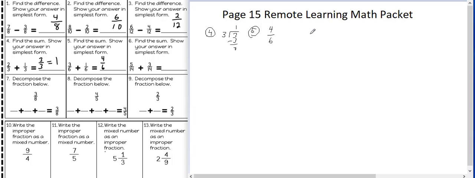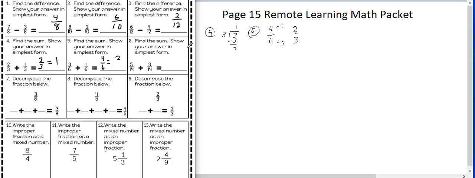I could go through the whole process showing you the least common factor or greatest common factor and all that, but I'm just going to divide them both by 2 since they're both even numbers, and we'll just see what that gets us. So 4 divided by 2 equals 2. 6 divided by 2 equals 3. That gives me 2/3, which is simplest form.